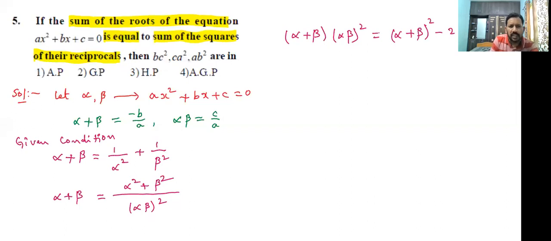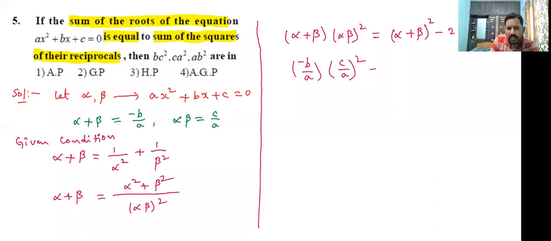We know that alpha plus beta and alpha beta value. Substitute here, minus b by a into alpha beta c by a whole square, that is equal to minus b by a whole square minus 2 into c by a.